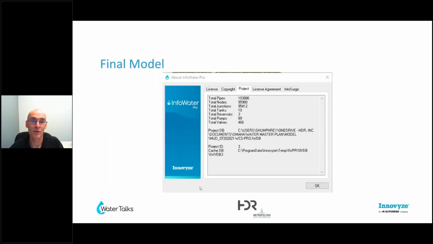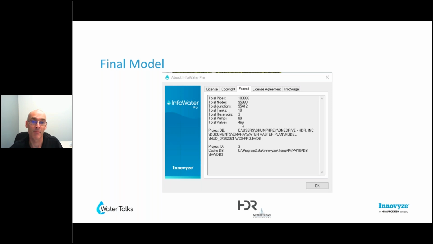So after a few go rounds and some QC, we finally had the model built, and this is what we ended up with. A pretty large InfoWater Pro model, pretty significant. We ended up with a little over 100,000 pipelines, 90,000 or so nodes, a total of over 90,000 junctions, 10 tanks, 3 reservoirs, those are our treatment plants, 89 pumps in those pump stations, as I was talking about.